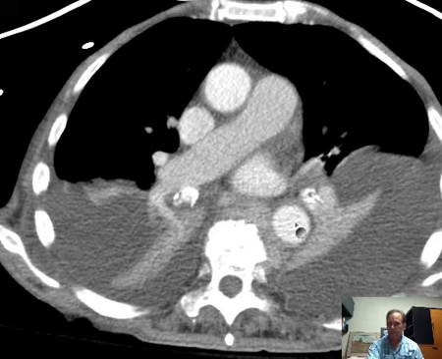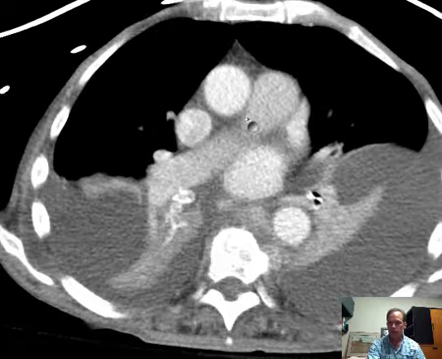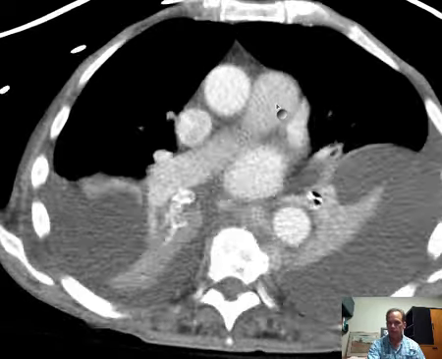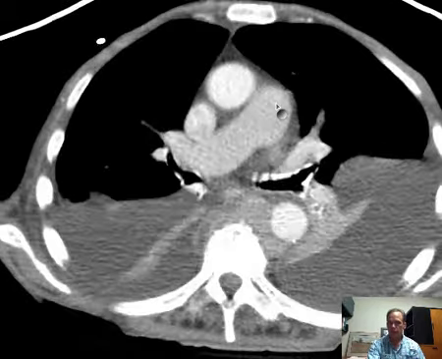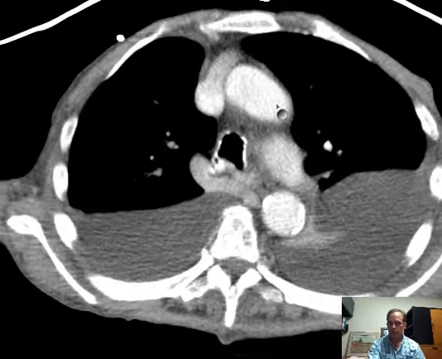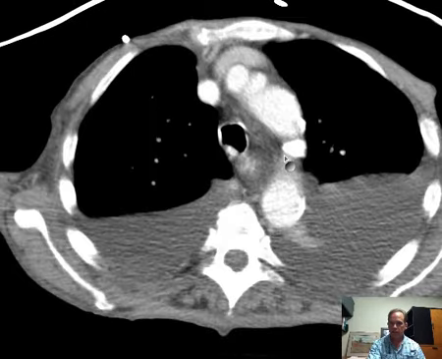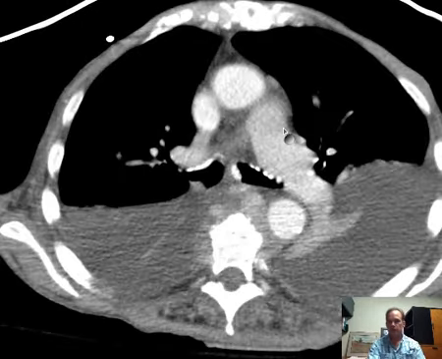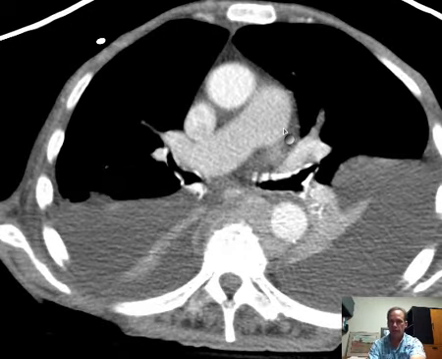And this again is because they arise embryologically from the same tissue, so things are in very close apposition to one another.